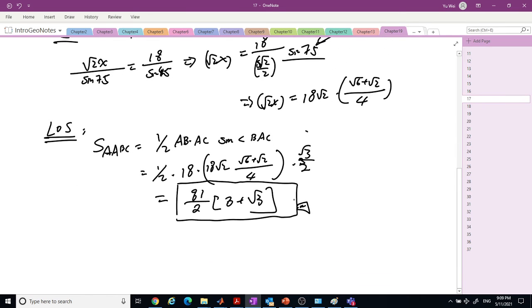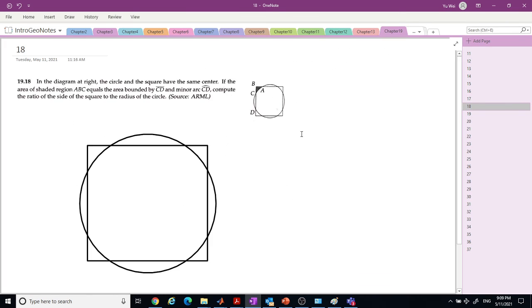Okay. Next. So this question is very interesting. You can see in this diagram we have a circle and a square, the square cutting through the circle, right?